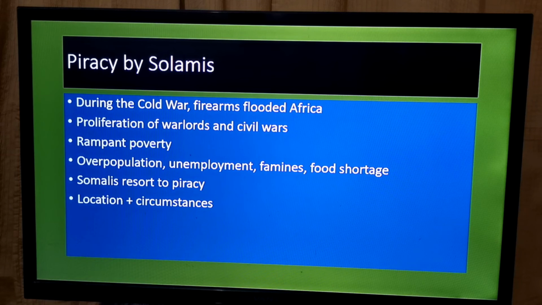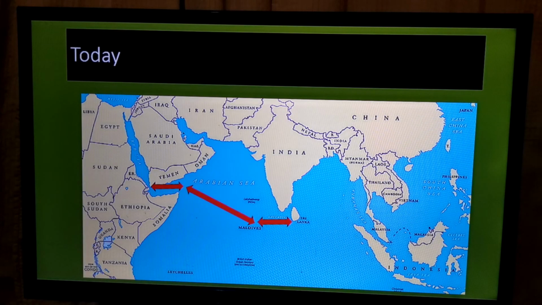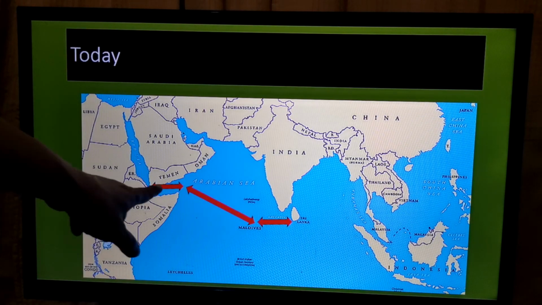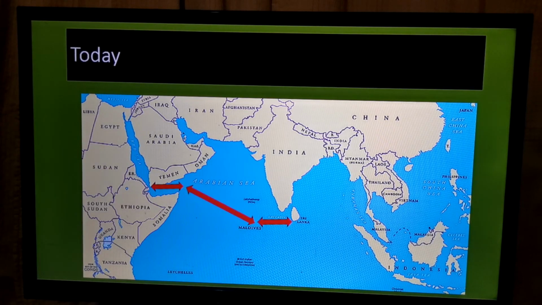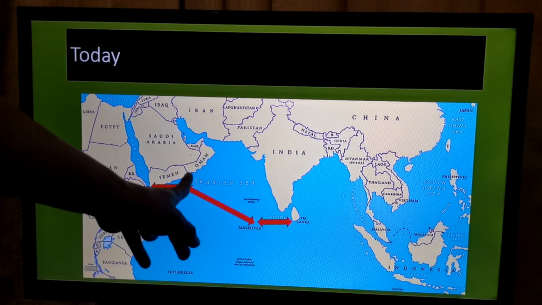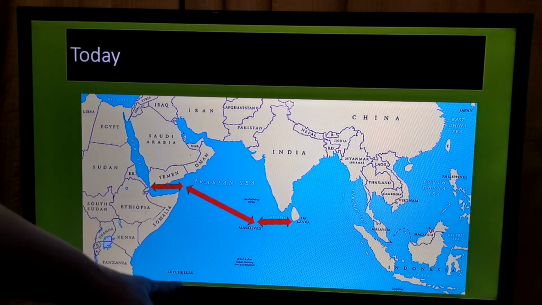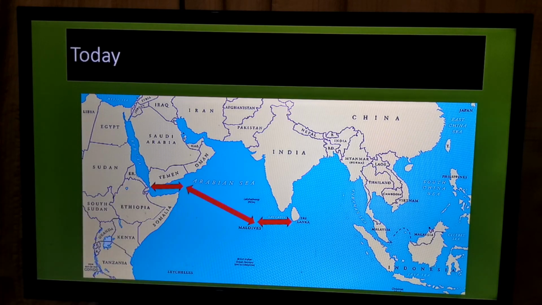So that's the problem. There are lots of ships that are endangered of getting robbed when they pass by the Somali waters over here. Okay? So, what's the solution? Well, if you want to avoid these troublesome waters, you have to just sail around Africa.